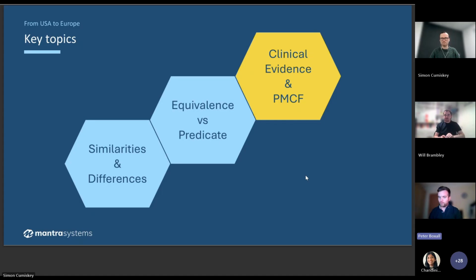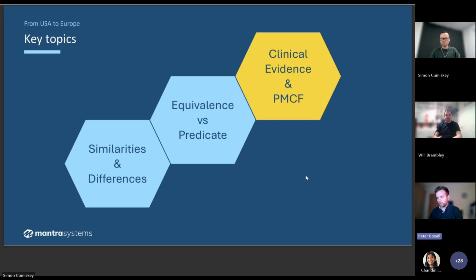So there are a number of ways in which medical device manufacturers or developers in the software world need to use clinical evidence to demonstrate compliance with the EU MDR, both pre-submission and following the attribution of a CE mark in post-market clinical follow-up.